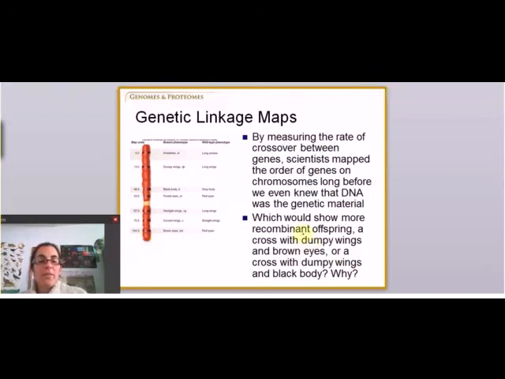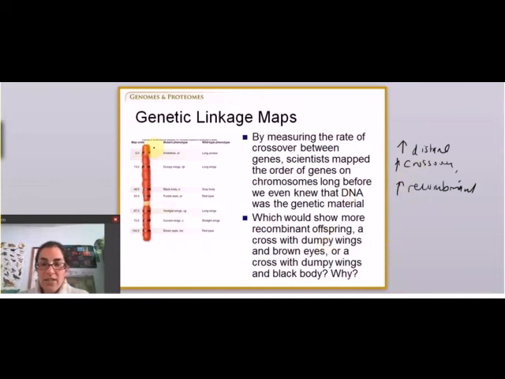So this is a question to just think about how they did this. Which would show more recombinant offspring, a cross with dumpy wings and brown eyes, or a cross with dumpy wings and black body? So remember, there's a relationship between crossover, distance, and recombinant offspring. So the greater the distance, the greater the number of crossover, the greater number of recombinant offspring.